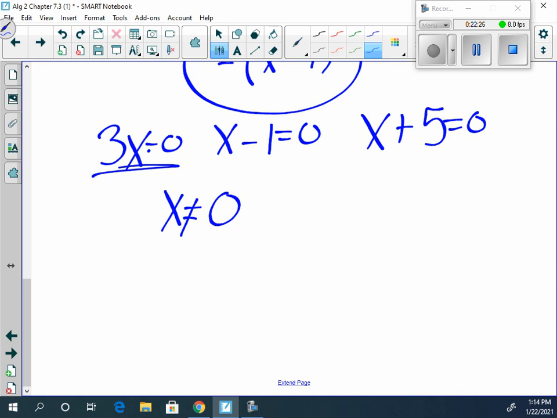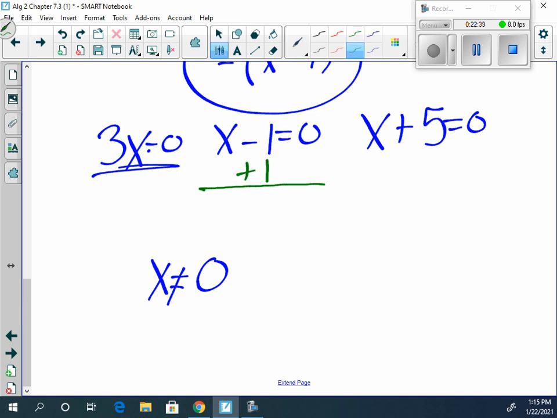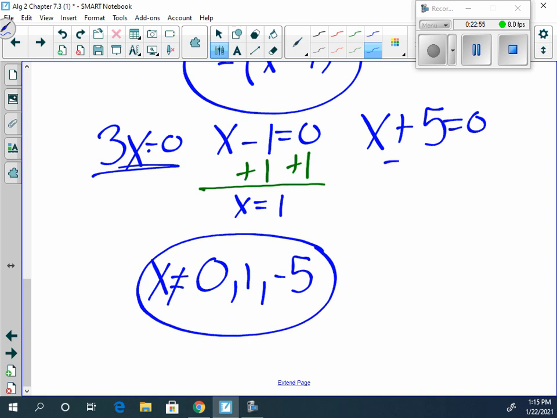Because what times 3 is 0? Well, 0. That's the only thing. So what's going to make x minus 1 equal 0? Well, we can solve it by adding 1, and it'll just tell us that x is equal to 1. And what about the last one, x plus 5? Negative 5. Because we can solve this by subtracting 5 and seeing that x is equal to negative 5. These are the three values that x cannot be.